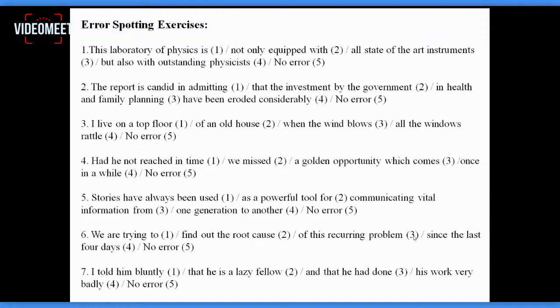Had he not reached in time, this part of the sentence is correct, we would have missed a golden opportunity which comes once in a while. Again, use pointing out the error and understanding what to correct and what should be the correct form. So we would have missed out, or we would have missed a golden opportunity which comes once in a while.